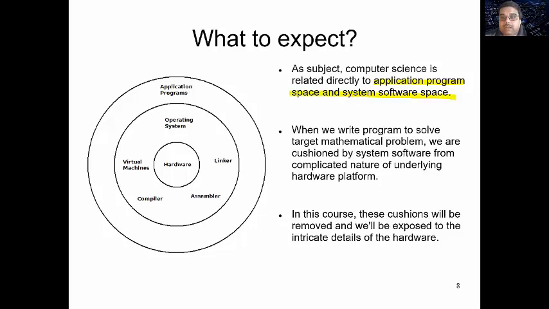So you are here doing your stuff, and if you do something bad, the operating system is there to protect you, okay? There is the operating system, there are linker, assembler, compiler, virtual machines, all this stuff, right? It is actually cushioning you around the hardware so that you cannot do something bad to the hardware. Your operating system is right there to protect you from that.